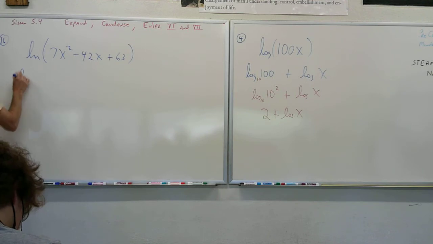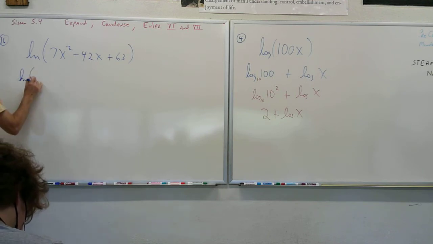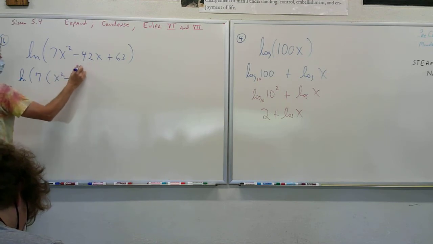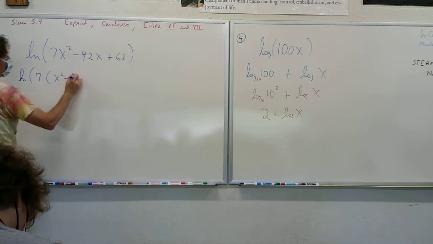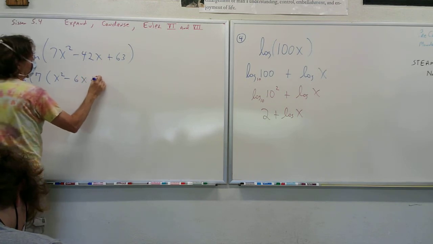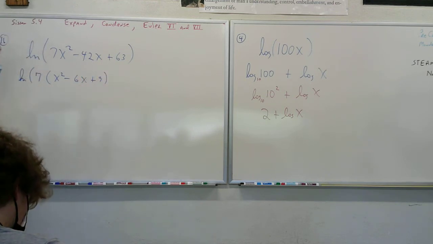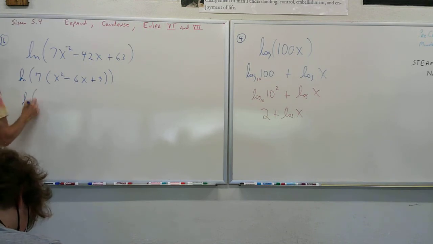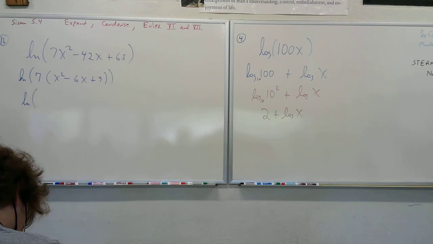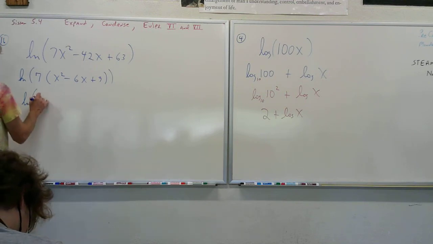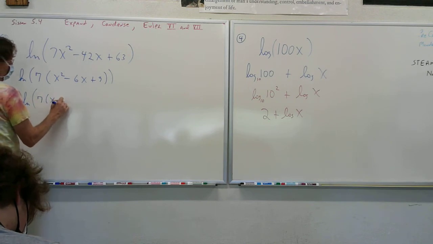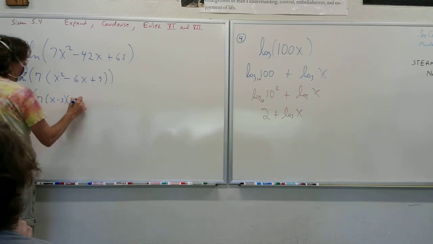So I'm going to do natural log of 7 times x squared minus 6x plus 9. Fair enough. And that factors. Anytime you see a trinomial, you probably need to factor it. Most likely you're going to have to factor it. And that's going to be what? x minus 3, x minus 3.